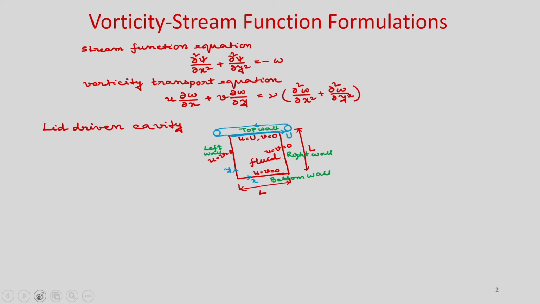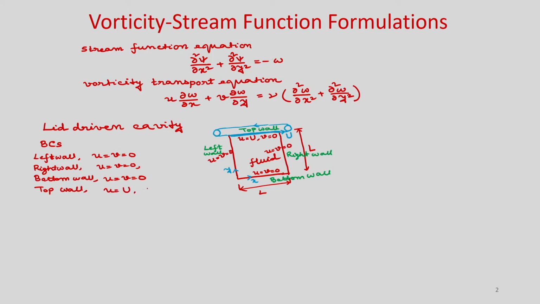If you write the boundary conditions mathematically for velocities only, for the lid driven cavity: on the left wall u is equal to v is equal to 0, on the right wall u is equal to v is equal to 0, on the bottom wall u is equal to v is equal to 0, and on the top wall u is equal to capital U and v is equal to 0.